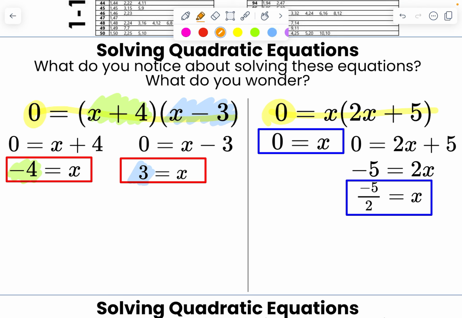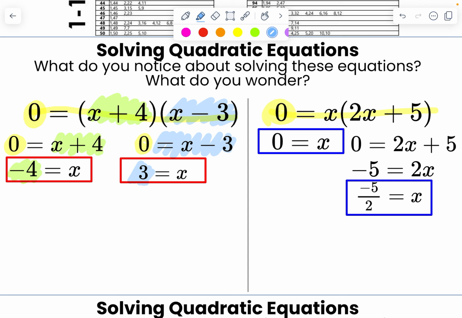I'm hoping people are noticing that they set 0 equal to each piece. So the first set of parentheses and 0 is equal to the second set of parentheses, right? And hopefully seeing that it's nothing too crazy, right? The one on the right is a little different, right?